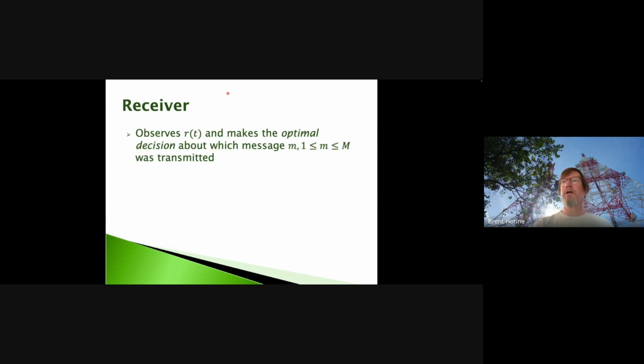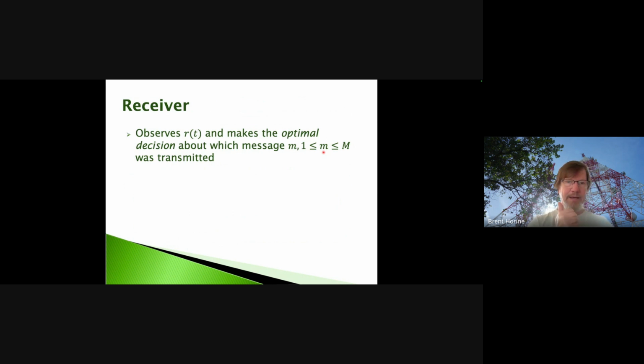So the receiver observes r(t) and makes the optimal decision about which message, little m, was actually transmitted. So m could be any of these different symbols that we chose based upon some bit pattern that came in.